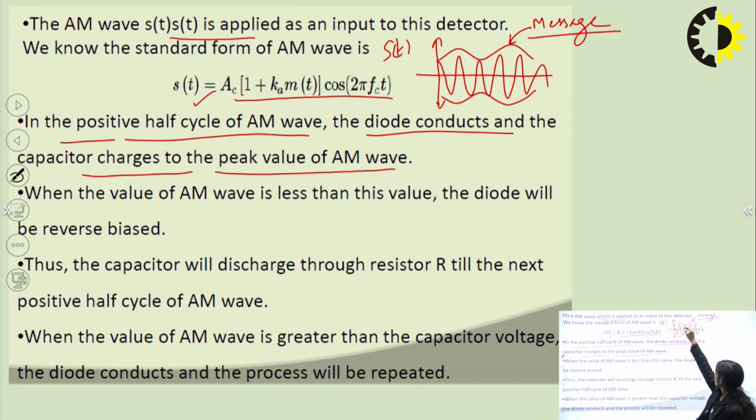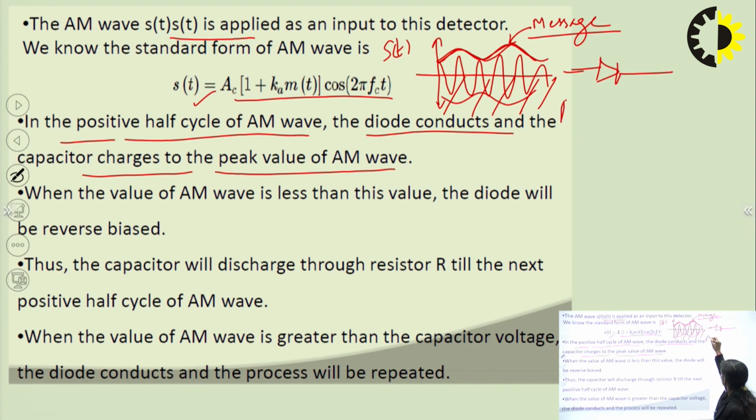First of all, if we pass it through the diode, the diode will be forward biased only for the positive cycle. That means it will detect the positive cycle, or we can say the positive envelope. The negative envelope will not be detected, because in the negative cycle of the modulated wave, the diode will be reverse biased.